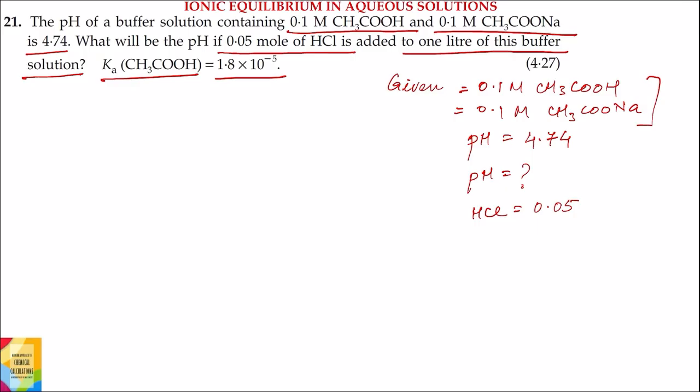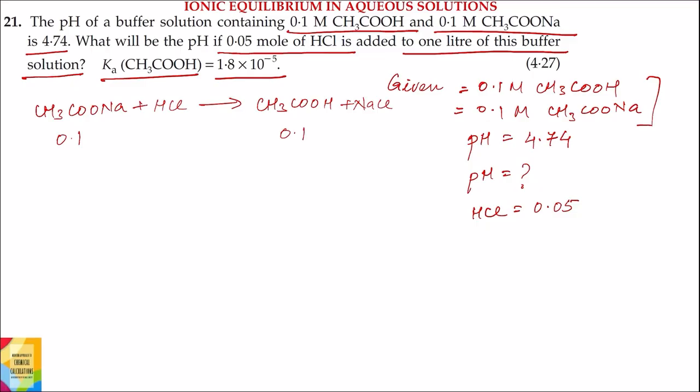Now the reaction that takes place on adding HCl is sodium acetate, that is CH3COONa, reacts with HCl to give CH3COOH plus NaCl. Now initially what is the amount of sodium acetate present? It is 0.1 mole. The amount of acetic acid present is 0.1 mole.